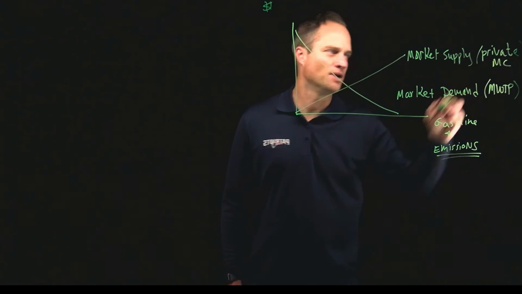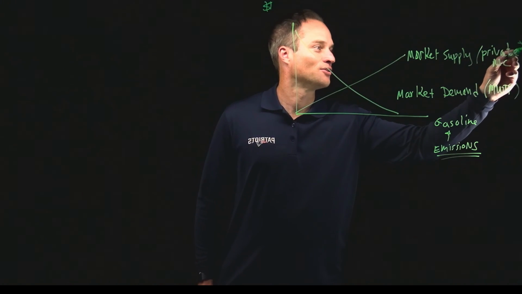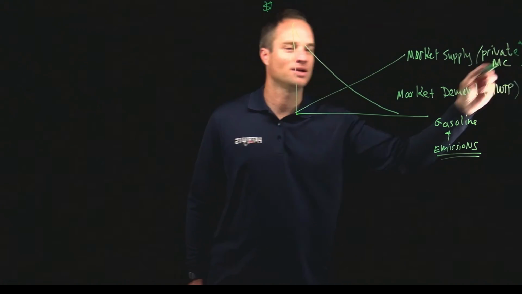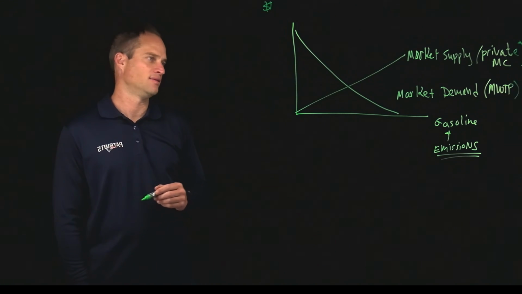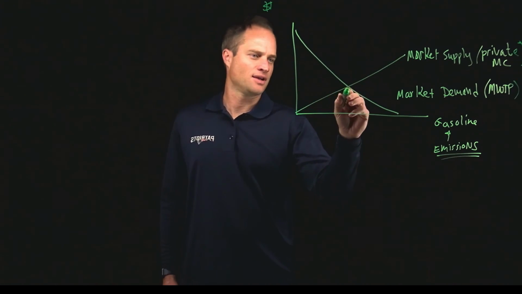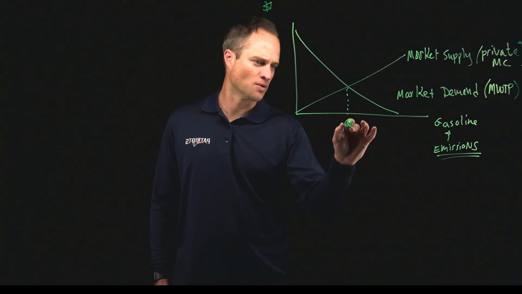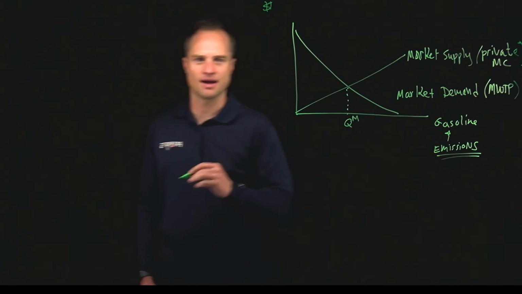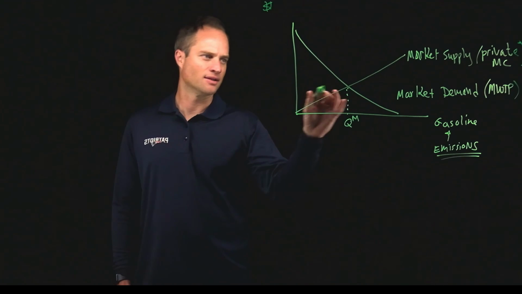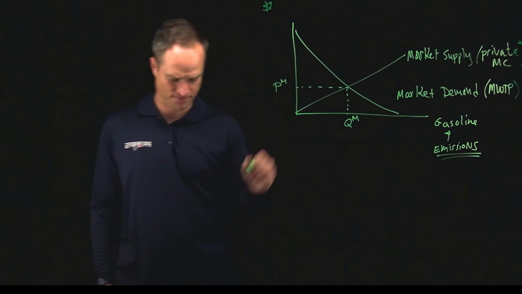We don't always do that when we're talking about the supply curve, but we're going to have an external cost, another cost, so I want to make sure that we can distinguish between the two. In a regular market situation, we'd think of the quantity, and I'm going to call that capital N for unregulated market, and we would have that price.